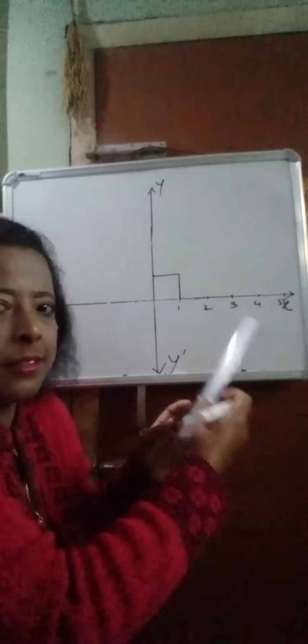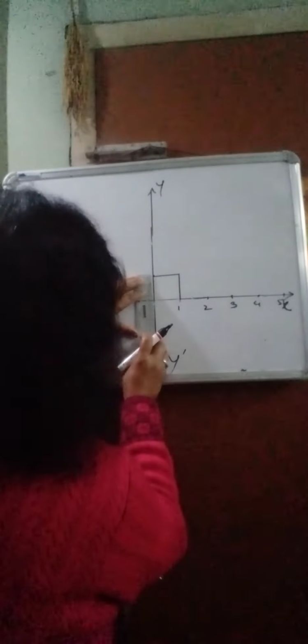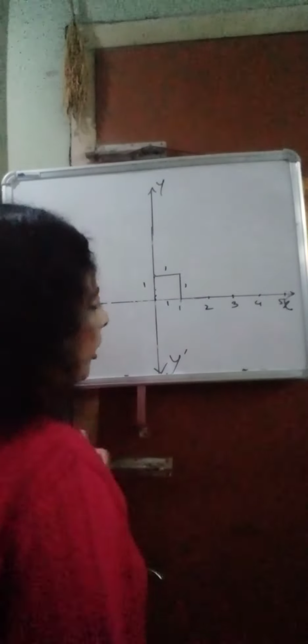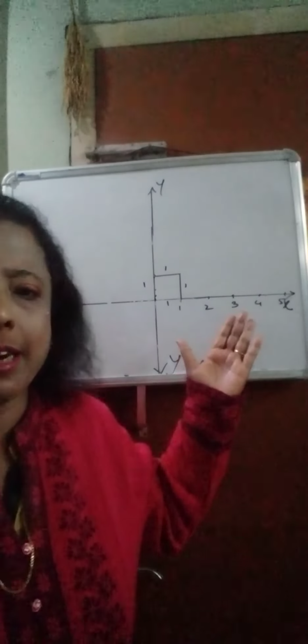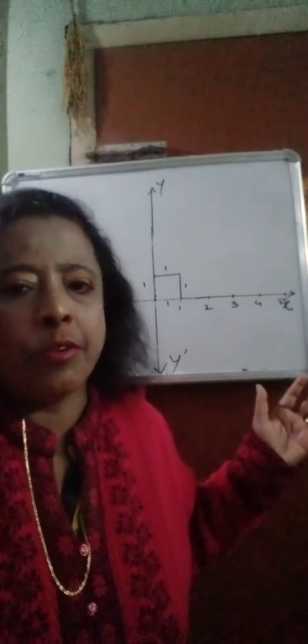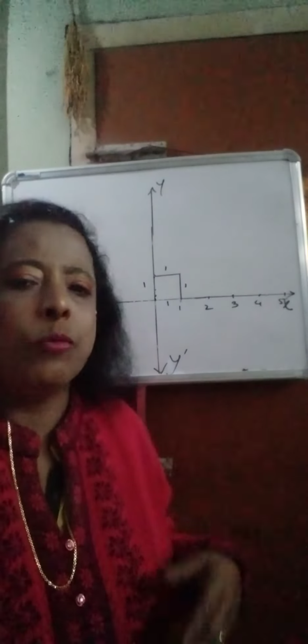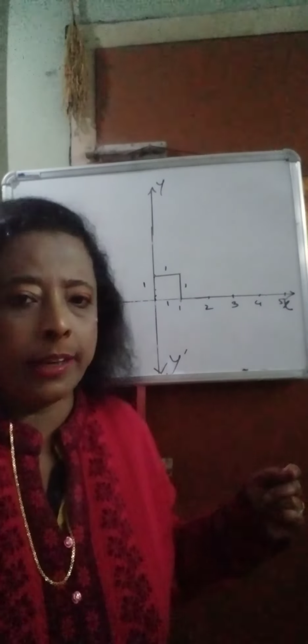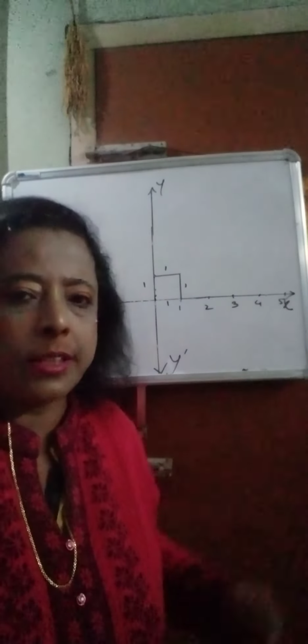You see, this is a square of 1 unit, that means each side has measurement 1. Here I have drawn one square of side 1 unit. We know that in a square all 4 sides are of equal length.